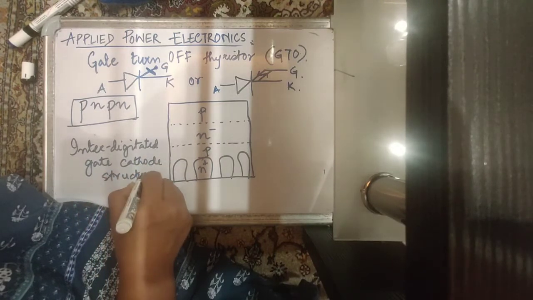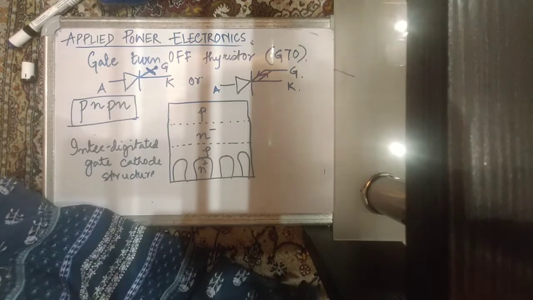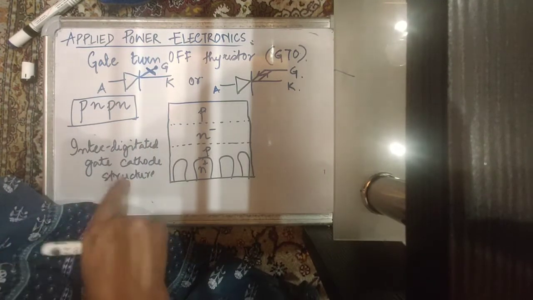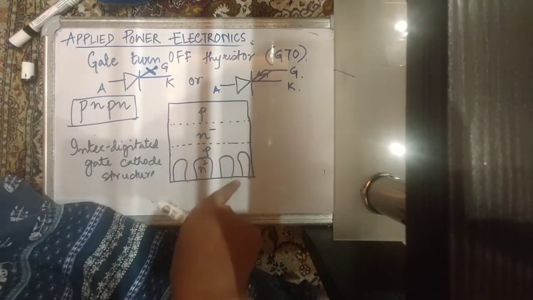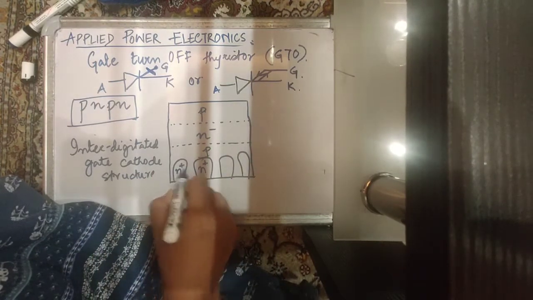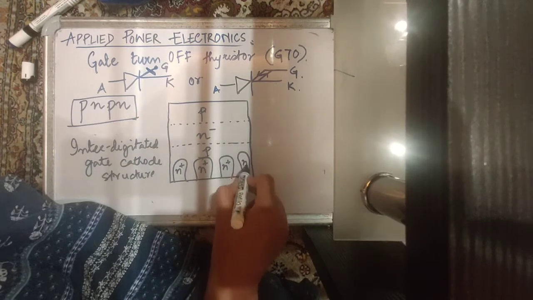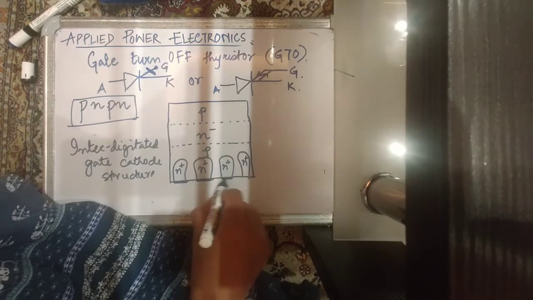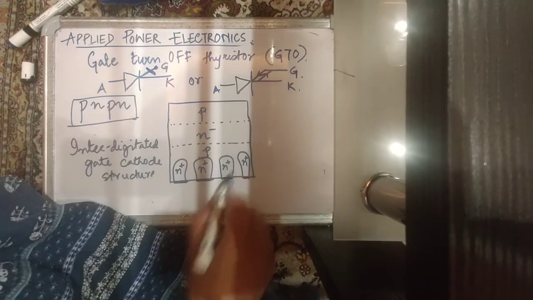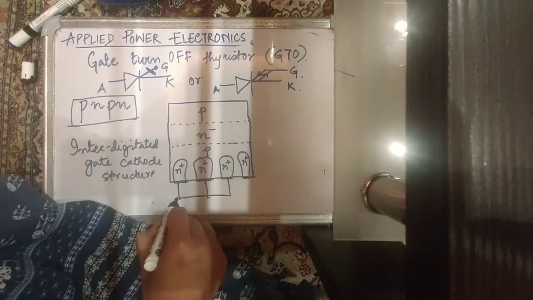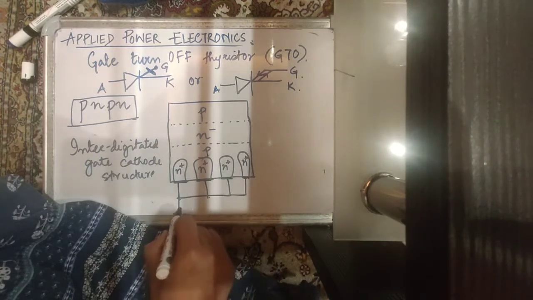These gate cathode interdigitated metallizations are present even in the case of a thyristor, but it is more interdigitated in the case of a GTO. All these cathode regions are highly doped, and that's why they are represented by an N plus sign, and they together form the cathode. So this is your cathode terminal.